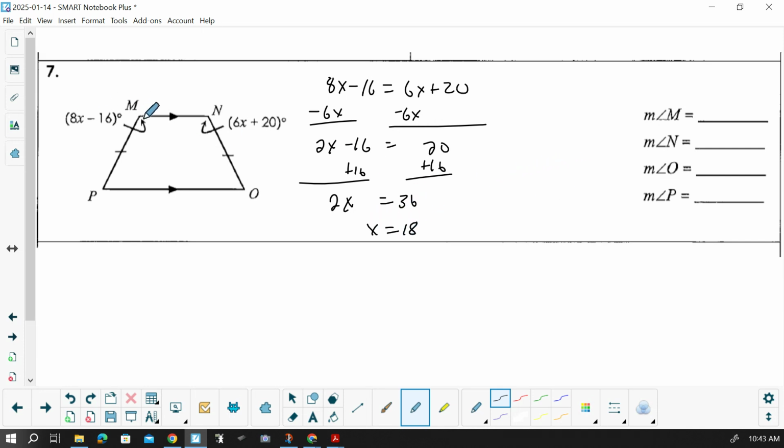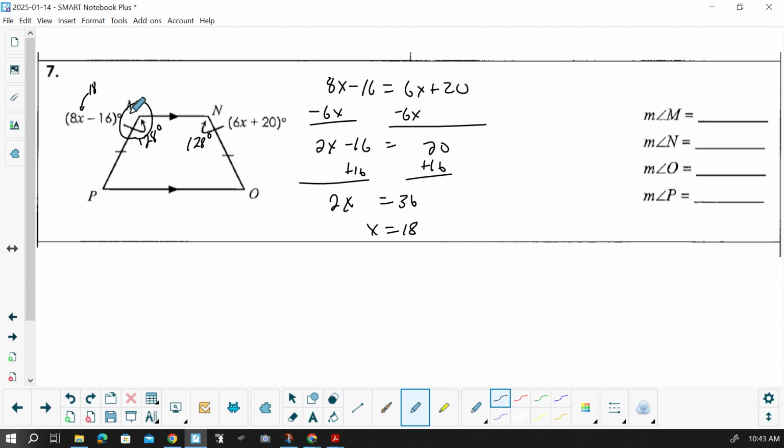Okay, so now we need to find these angles here, so I put that 18 right there. 8 times 18 minus 16, so 8 times 18 is 144 minus 16 is 128. So the actual angle right here is 128 degrees, which means this one is the same.